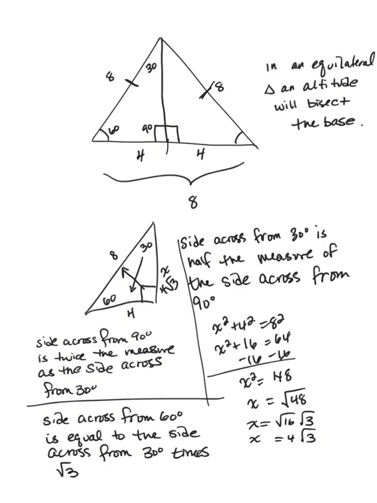Okay, but the basic rule, what you're going to copy down, we're going to call the side across from 30, well, we can just call that x, okay? So if the side across from 30 is x, the side across from 90 is 2x, and the side across from 60 is x rad 3. Okay, write that rule down.